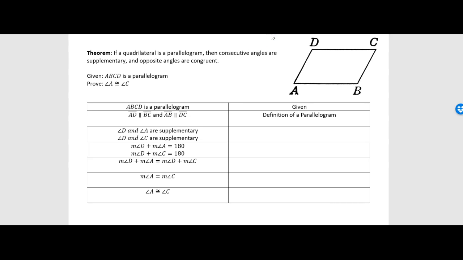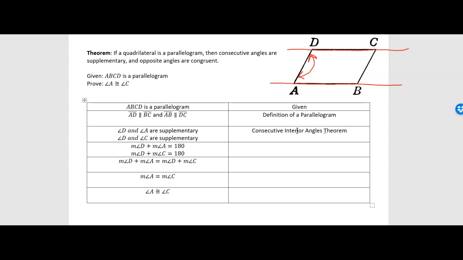Well, we just proved that opposite sides were parallel. What theorem tells us that consecutive interior angles are supplementary? Well, it's the consecutive interior angles theorem, or same side interior angles theorem. Let's put consecutive here today.